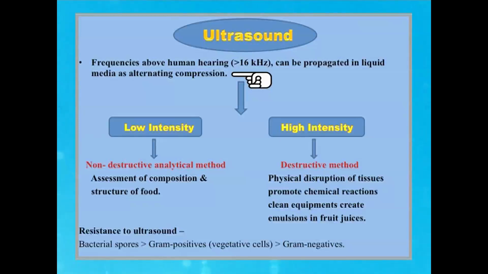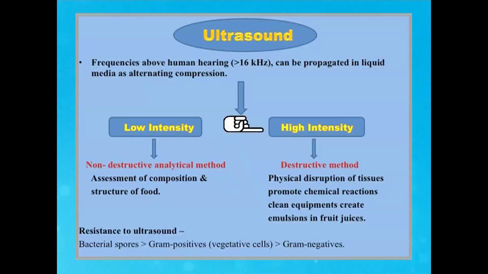Now, ultrasound can have low intensity or it can have high intensity. When the ultrasound of low intensity is used, it acts as a non-destructive analytical method. Here in this case, we can assess the composition and the structure of the food. That means what are the basic constituents that are present inside the food.